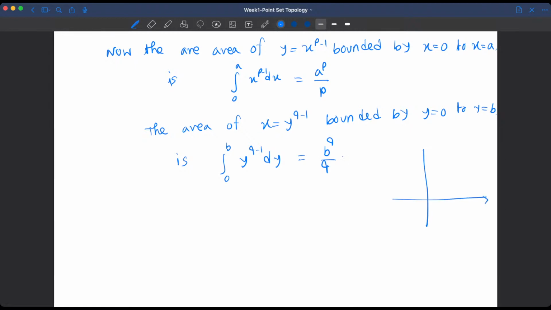This is the xy plane, and suppose this is my curve, the x^(p-1) curve.